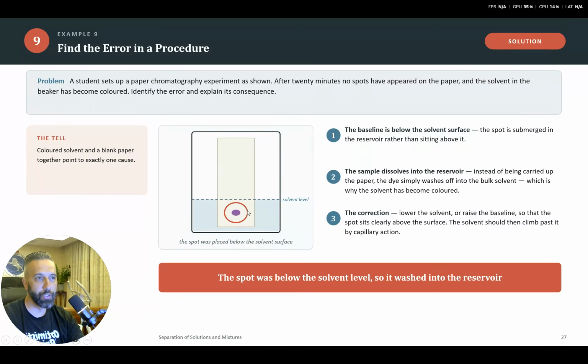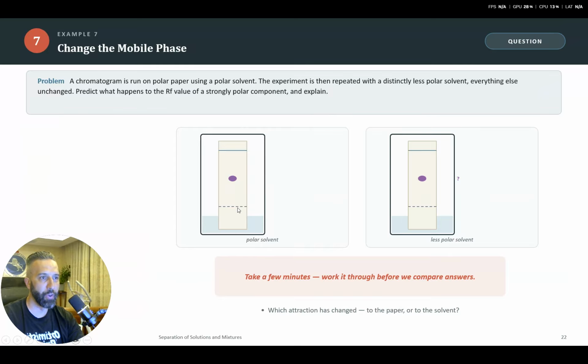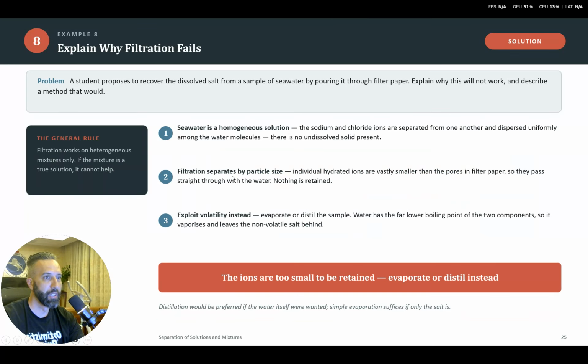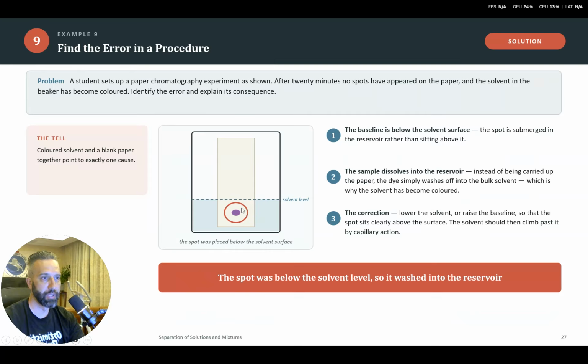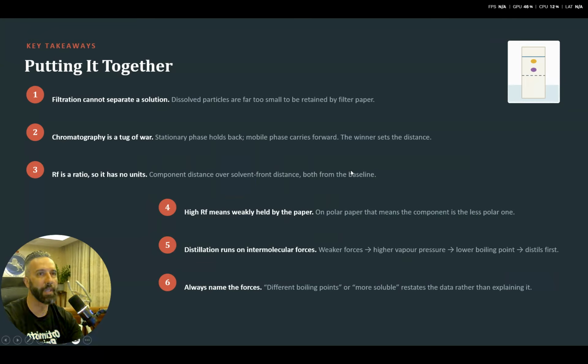Usually, as we know, you want to put your color here, your dye here, and you could put it anywhere above, technically, right? But if you put it below like this, it's just going to dissolve in the solvent, right? Or create a huge smudge in the paper. So that's the error that the student has made.